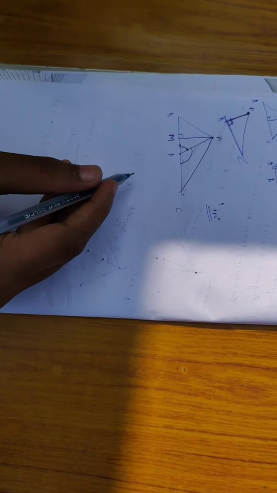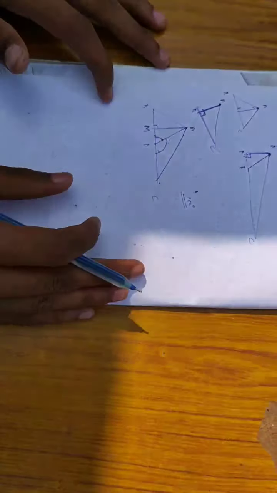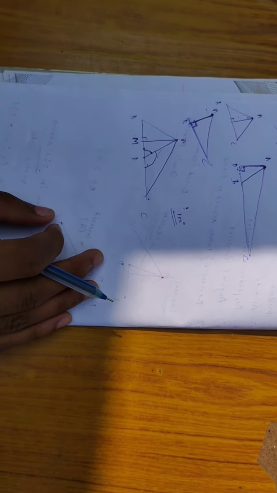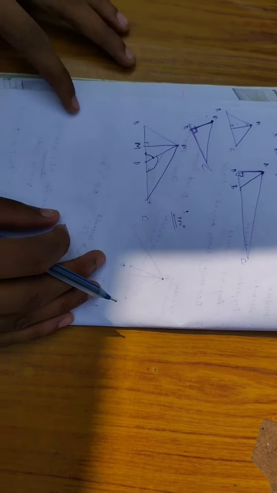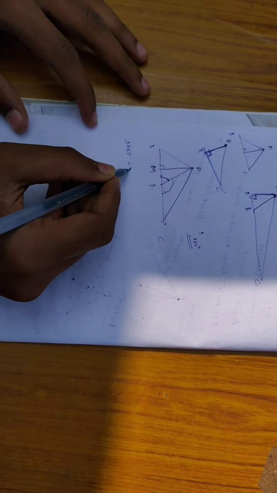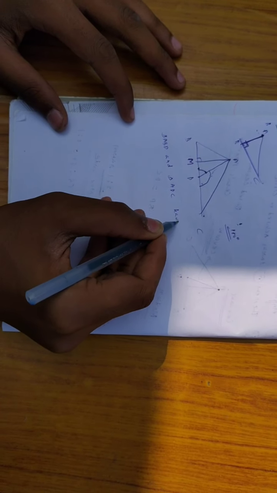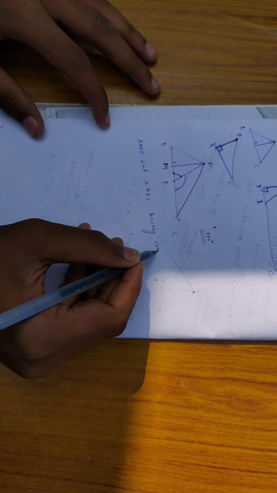By these three diagrams, by the scenarios we saw in the case of altitude, we can tell that triangle ABD and triangle ADC have a common altitude, right?